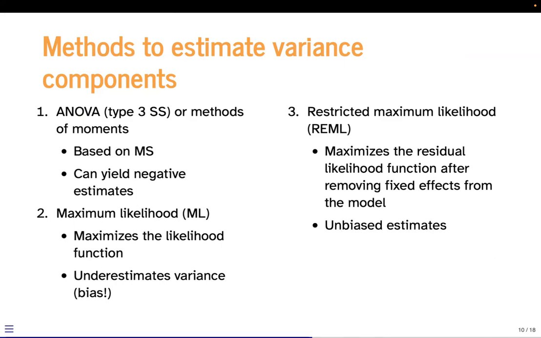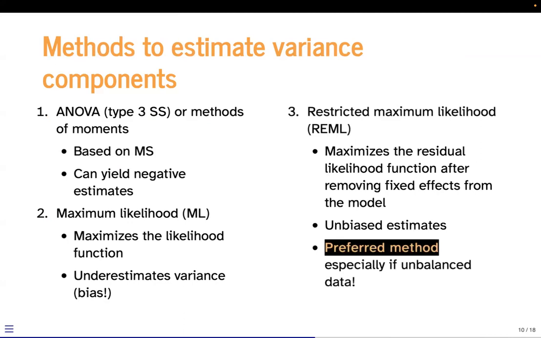It produces unbiased estimates of variance components, so that's what we would like to use. It is especially the preferred method if you have unbalanced data. Keep in mind that if you have unbalanced data, let's say you lost a plot, maybe you lost a whole rep, and you're treating your blocks as random, you should use REML as your method of estimating the variance components.